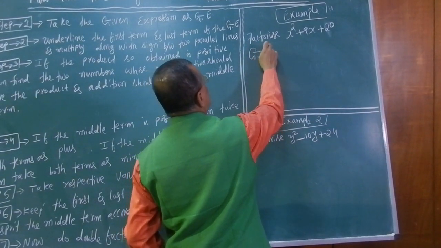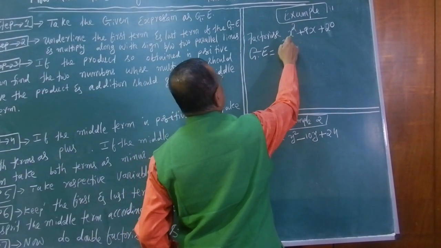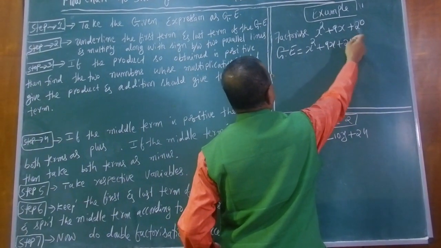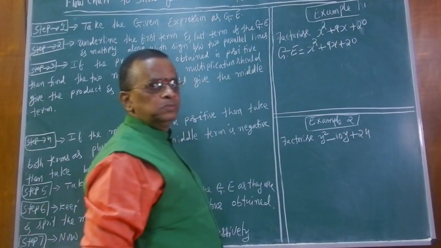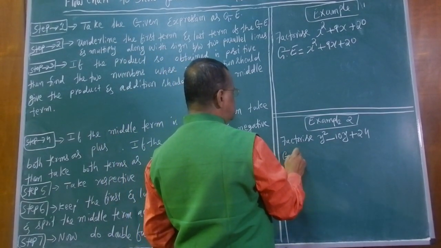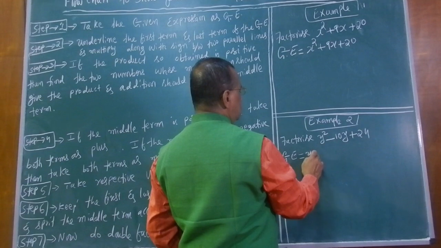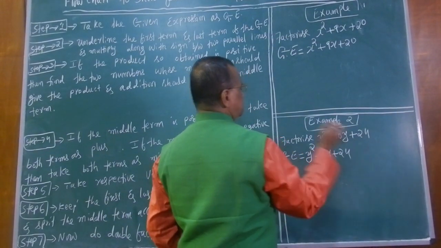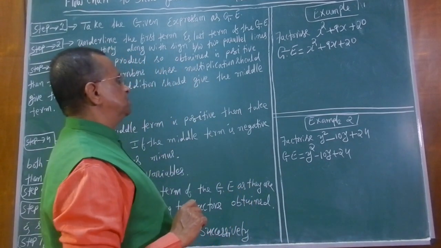Given expression is equal to x square plus 9x plus 20 in this example, whereas in this example, I take the given expression y square minus 10y plus 24. This is the very first step.